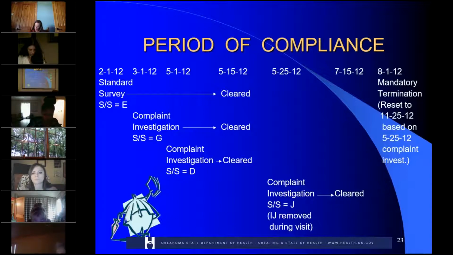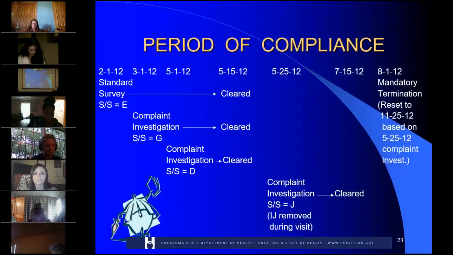What's awesome is the complaint investigation. The IJ was removed during the visit. So therefore, your DPNA went from the possible 2-day DPNA to a 15-day DPNA. So your denial of payment on new admissions will go into effect 15 days from the 25th.